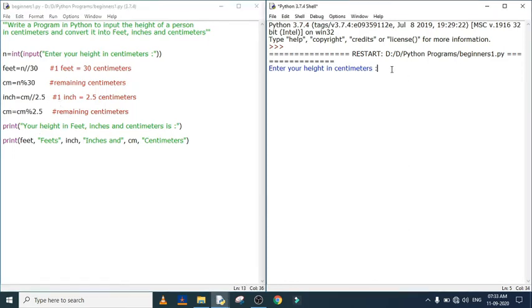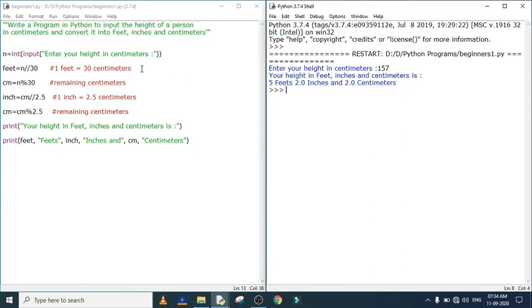As we have discussed, I have given the height 157 here. Look at the output: your height in feet, inches and centimeter is 5 feet, 2 inches and 2 centimeters.